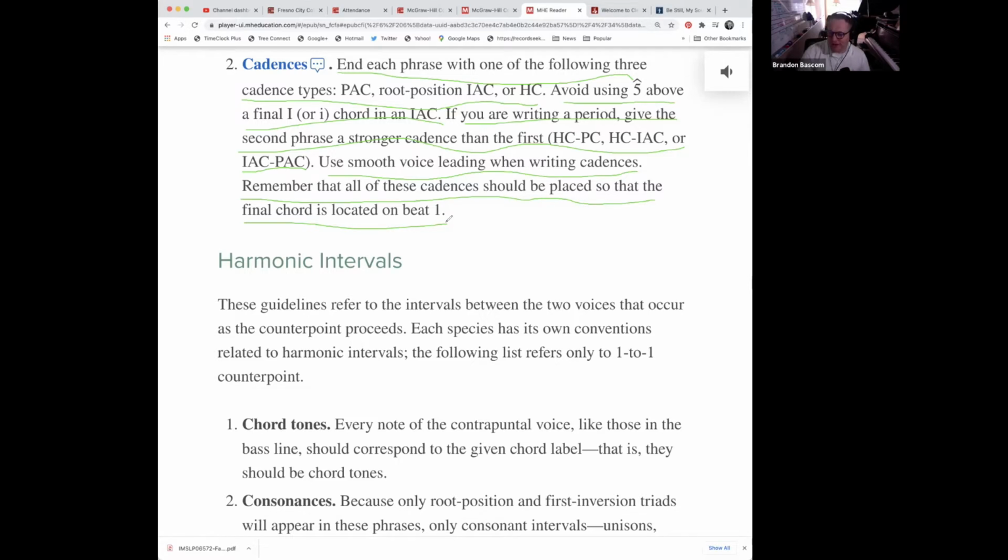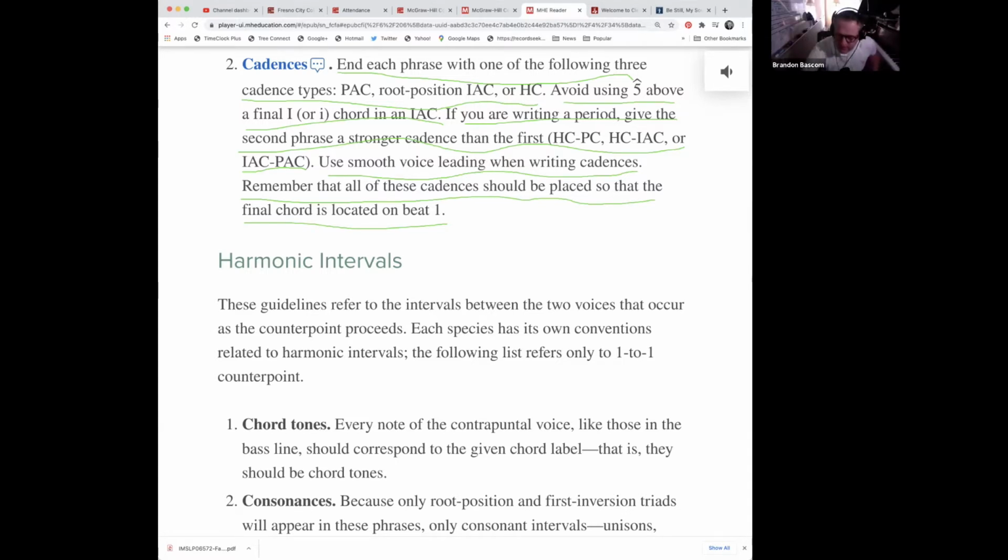Are we all right with that? Why the 5 over the 1? Why not, I guess I'm trying to say. Okay, yeah, so let's go back to what is an IAC. Oh, inverted? Or just imperfect in this case? It's imperfect, right? Or it doesn't have the tonic in the soprano.